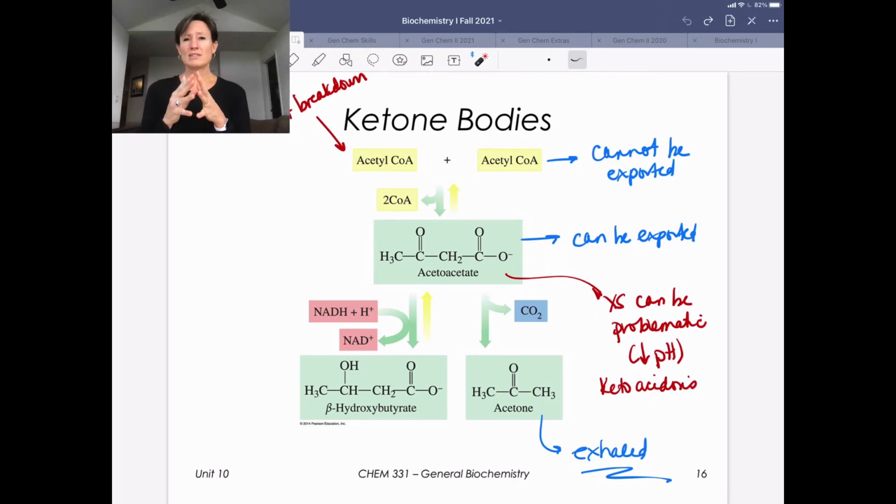Highlighting, you do not see every cell producing ketone bodies. This is a liver-specific process. And importantly, the liver can make ketone bodies, but it doesn't have the mechanisms to break them back down, which is an important safeguard so that it doesn't make them and then break them back down and use them itself. So acetoacetate is the oxidized 4-carbon form. We can see here that beta-hydroxybutyrate is the reduced form.